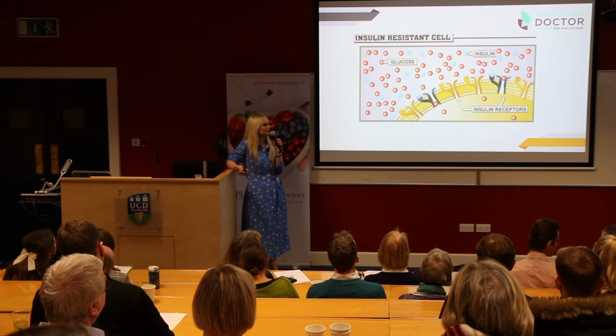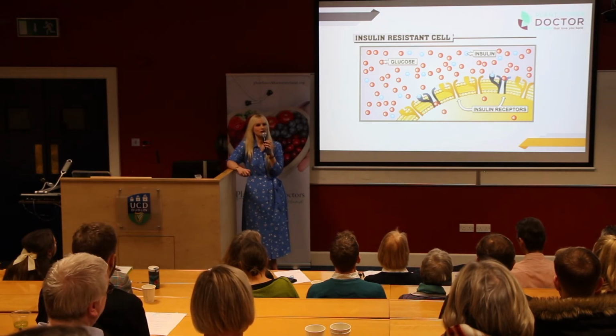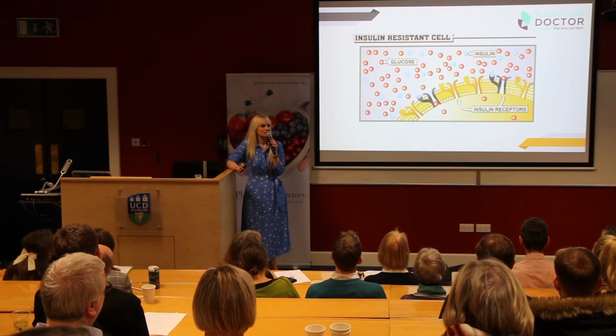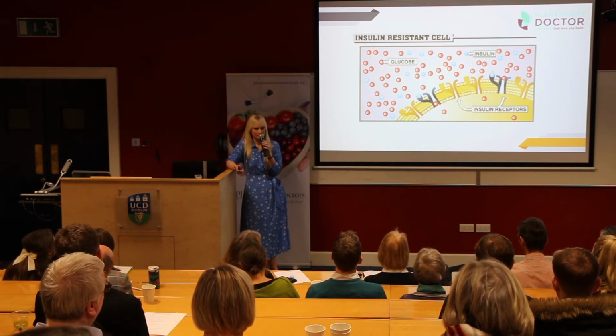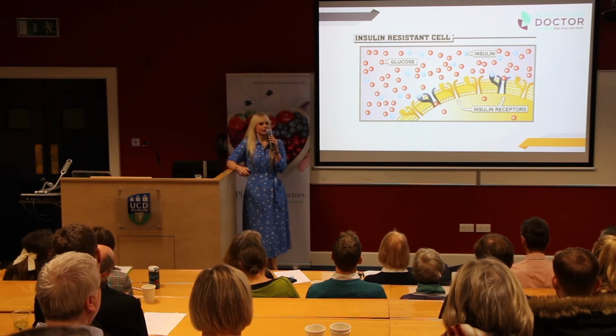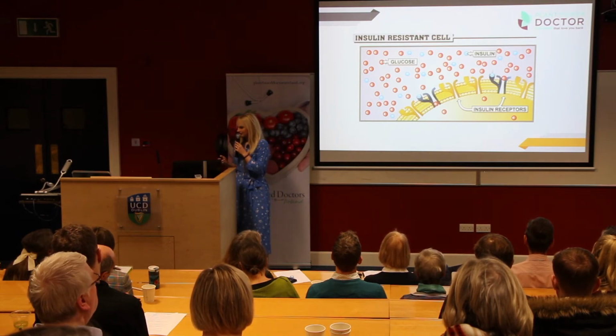So that's a pictorial representation of the difference between somebody who is normally functioning and somebody who has insulin resistance. And insulin resistance doesn't just cause diabetes, obviously. It causes polycystic ovarian syndrome, metabolic syndrome, and increased risk of heart disease in general. So it affects a lot of us.